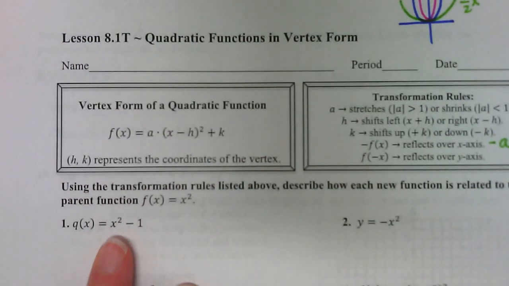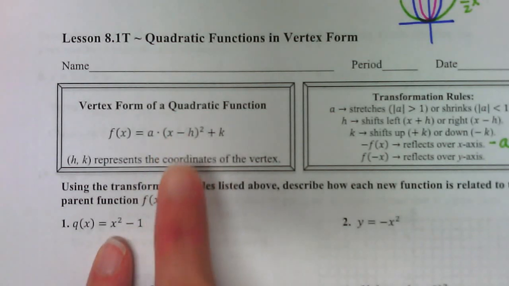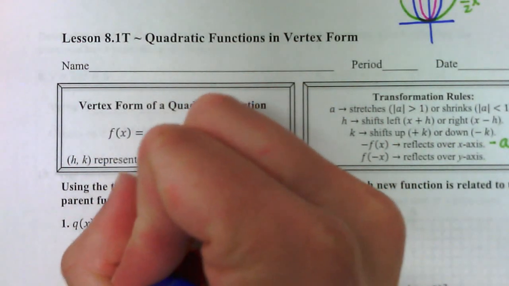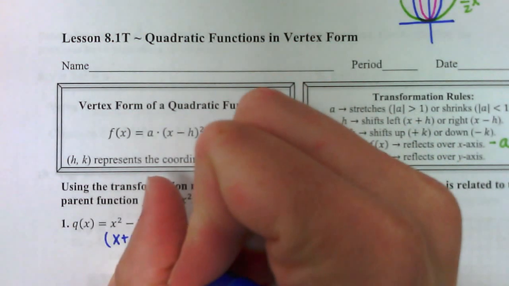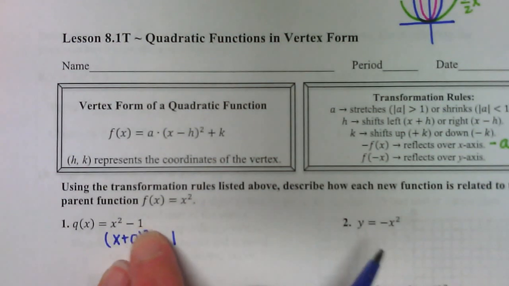This function here doesn't really look like this. There's no h value, there's no k value, there's no parentheses. This is the same thing as if I said x plus 0 squared minus 1. I'm sorry, there is a k value. It's right here.